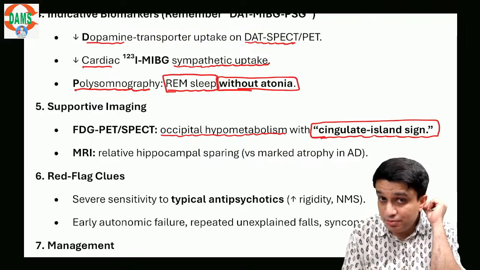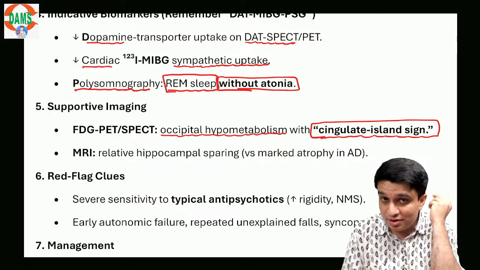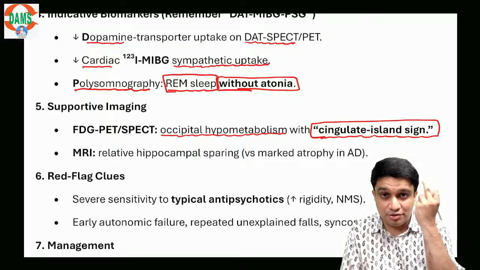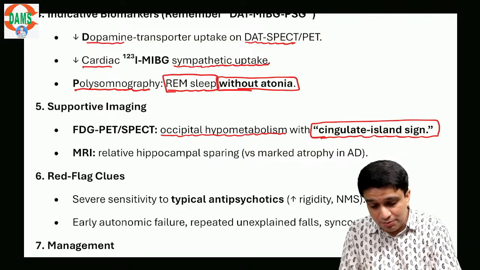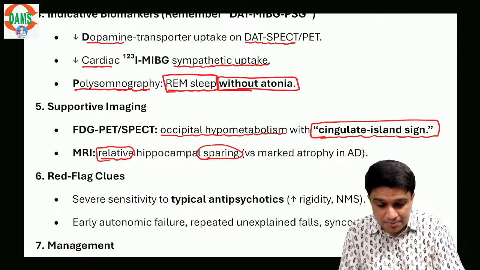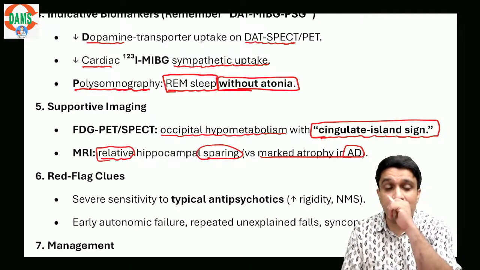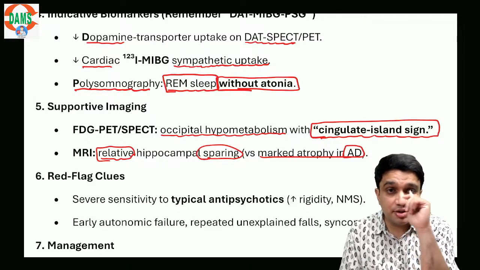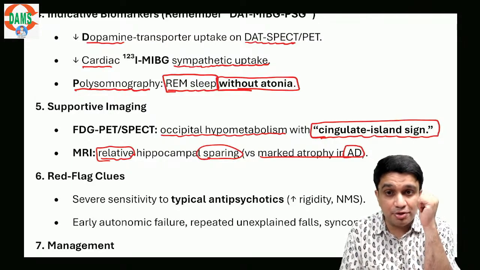Occipital lobe, visual hallucination, right? So there's something going wrong there. Most important in the MRI, there is relative hippocampal sparing, whereas there is marked hippocampal atrophy in Alzheimer's. Here there is relative hippocampal sparing.